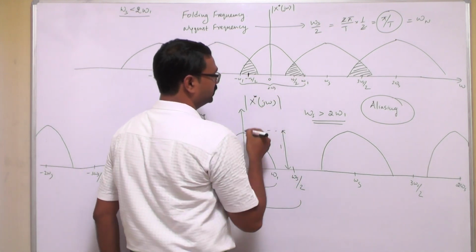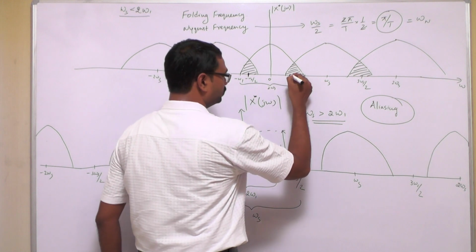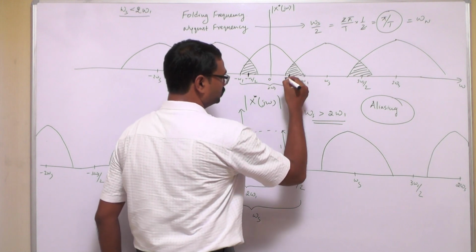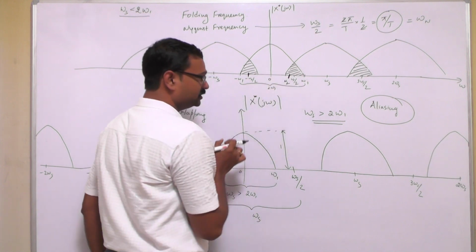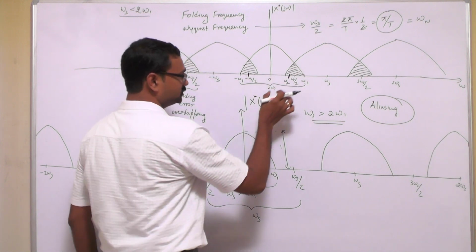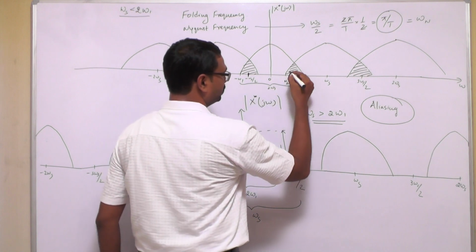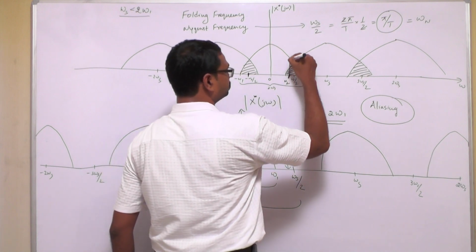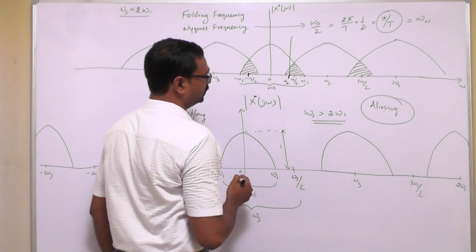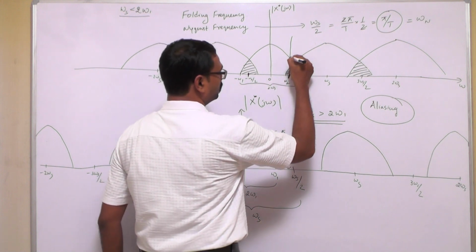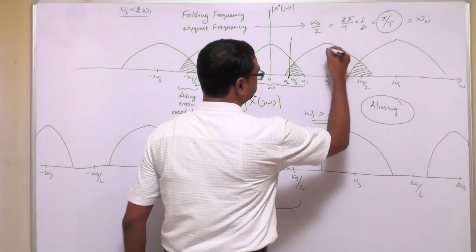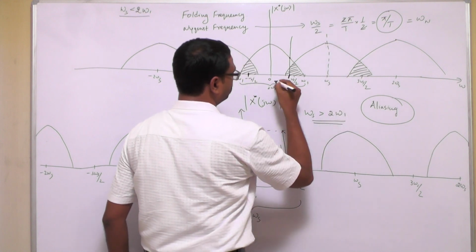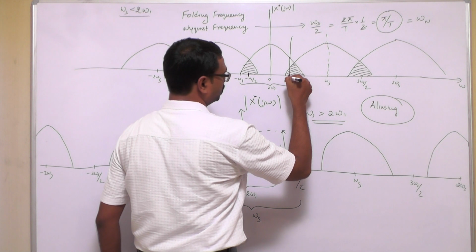For example, let us say we have one frequency omega 2 during this folding region or overlap region. When you draw a line here, this is omega s, and this is omega 2.